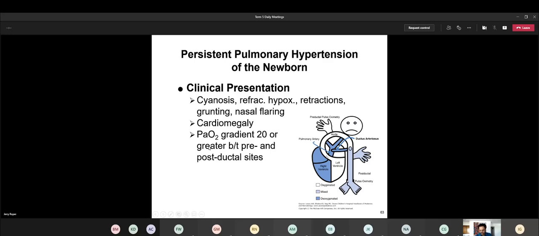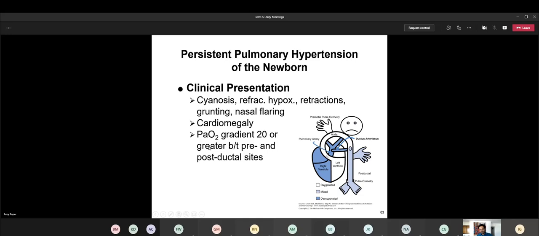So that area would be considered before the ductus arteriosus. And then everything else would be post-ductal. And that's where all this mixing might start to happen as far as oxygenated and deoxygenated blood.